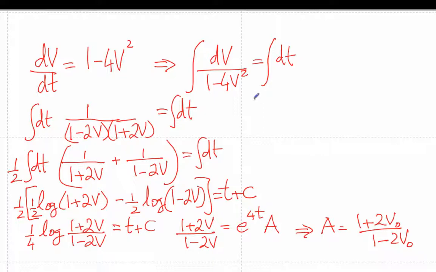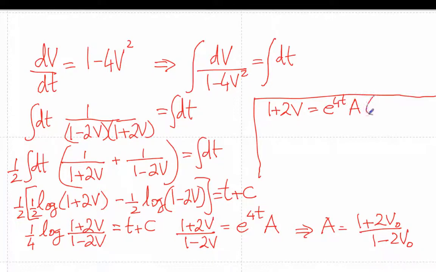Okay, so now I've run out of space. Let me go here. And now you see that I have the solution, because I can write 1 plus 2v equals e to the power 4t into a times 1 minus 2v.